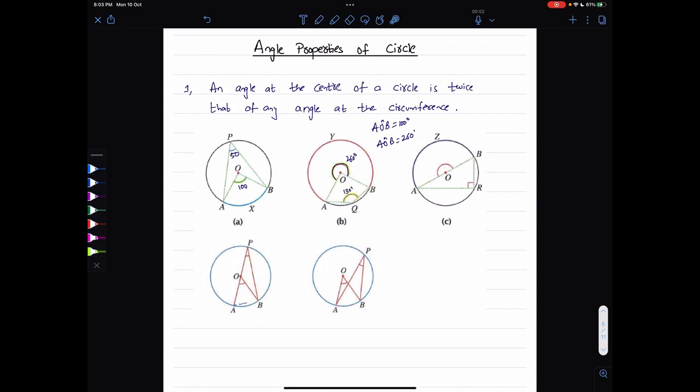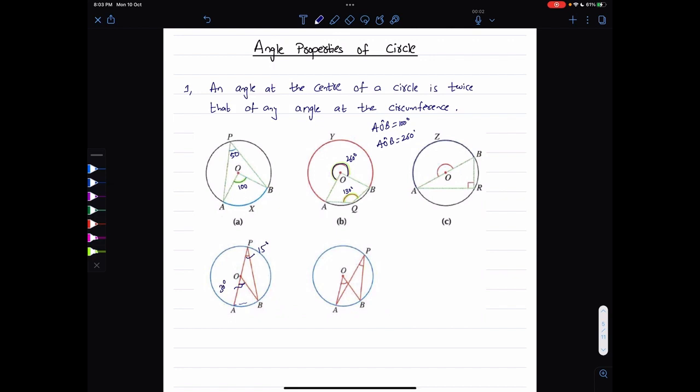Now over here you can see various variations of this property. If AOB is a diameter, then the angle at the center is 180. Angle at the circumference is going to be 90 degrees. If you take AB as a chord, then AOB is angle at the center and APB is angle at the circumference. So if this angle is 30 degrees, this angle is going to be 15 degrees.